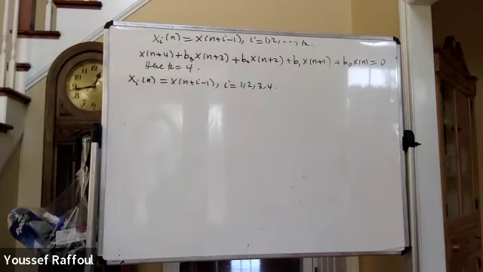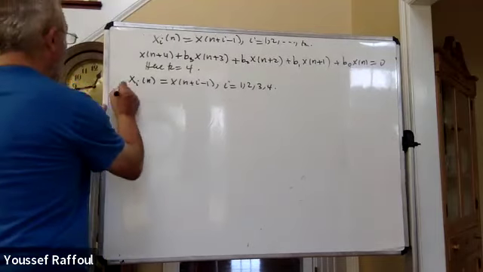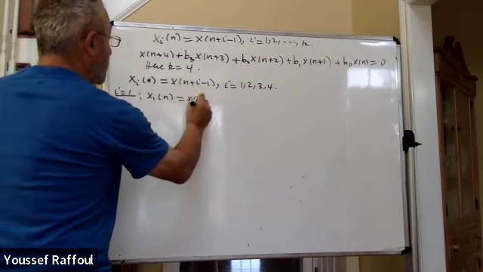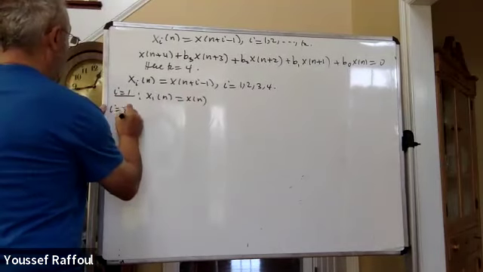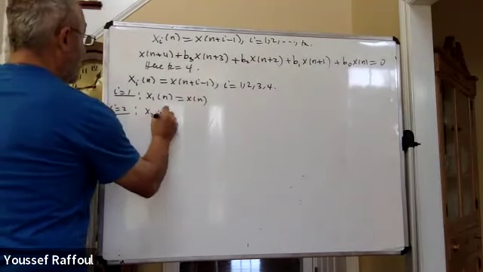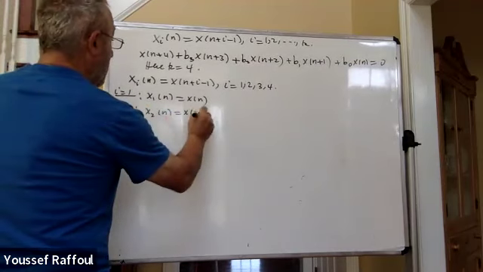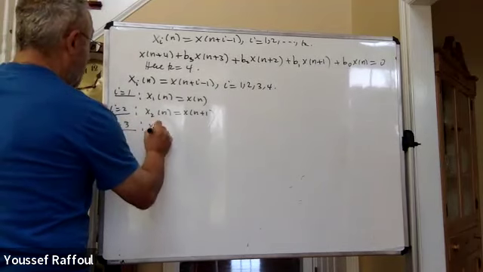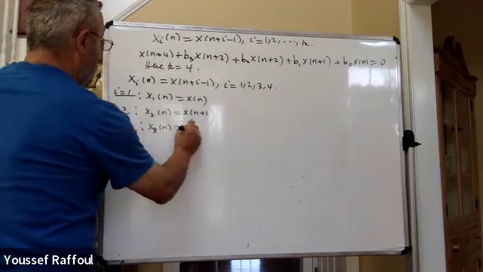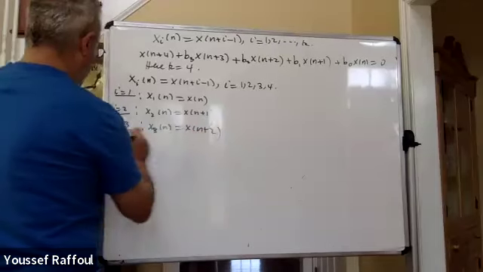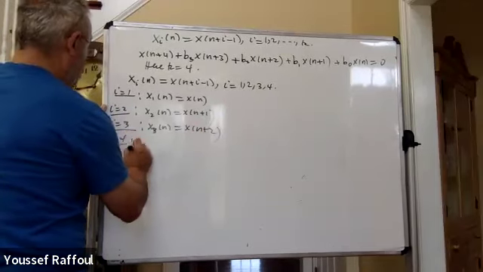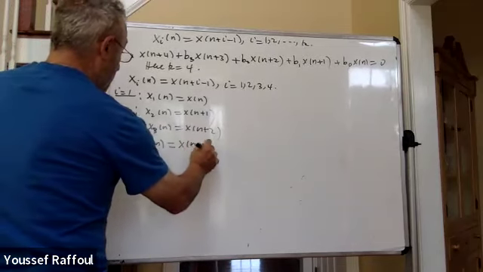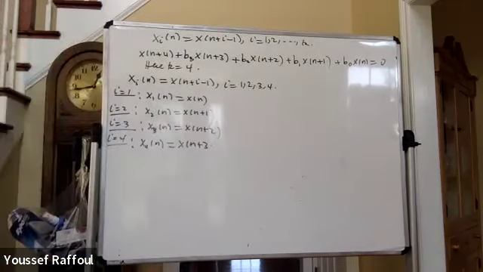For i equal 1, I get x1 of n equal x of n. i equal 2, x2 of n equal x of n plus 1. i equal 3, x3 of n equal x of n plus 2. And i equal 4, x4 of n equal x of n plus 3.